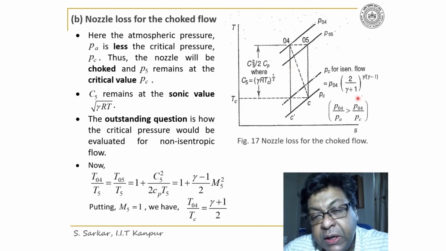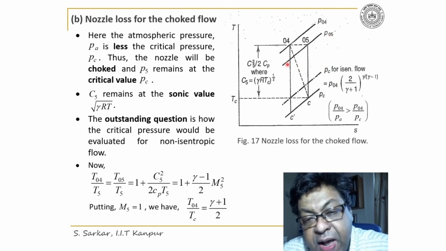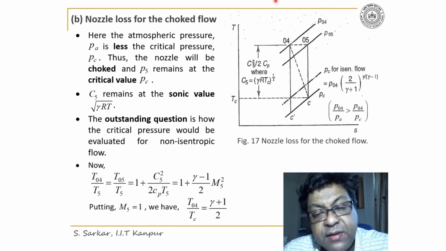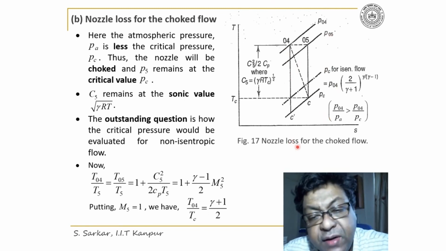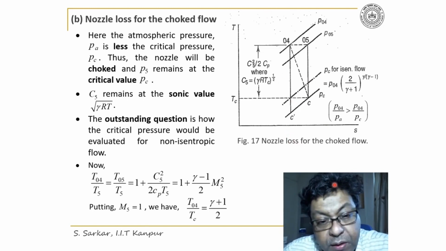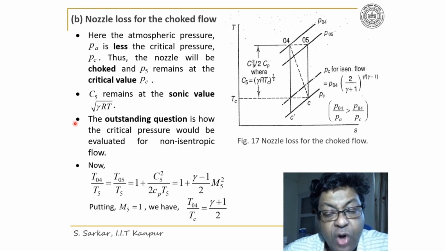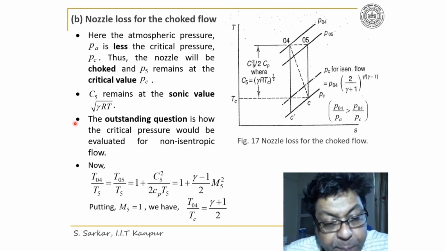Now look, I have denoted here this actual expansion, isentropic expansion, and the corresponding state points. After that, the outstanding question is how the critical pressure could be evaluated for the non-isentropic expansion of gas in the nozzle.